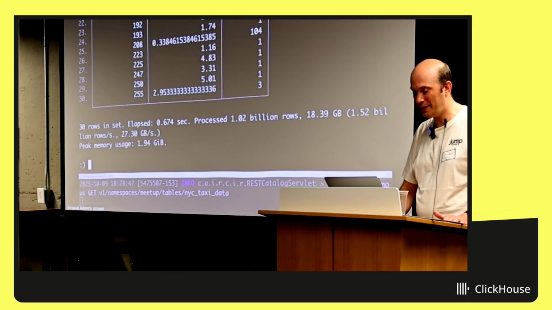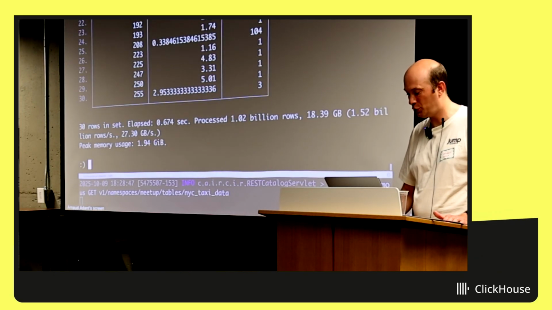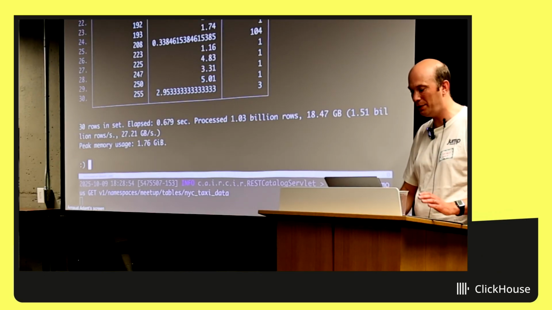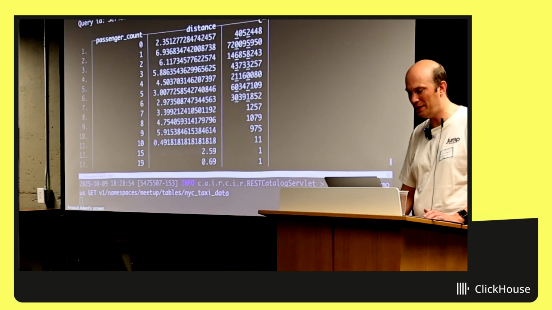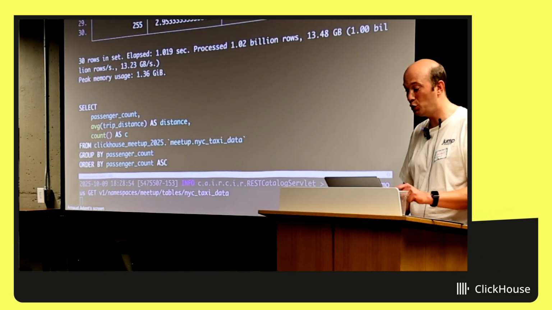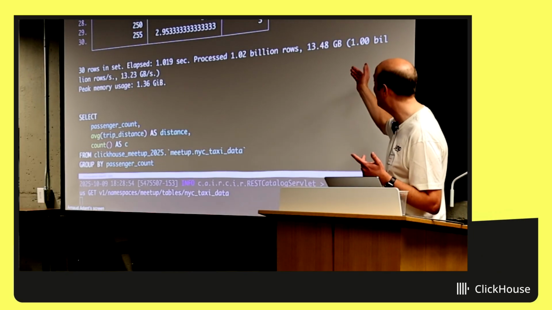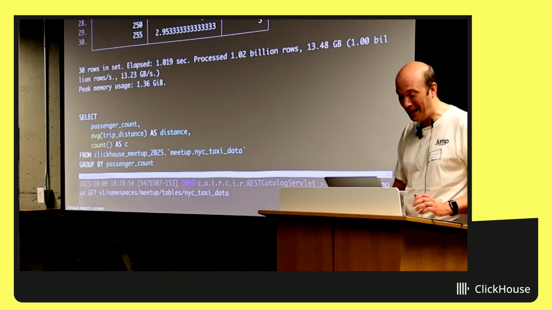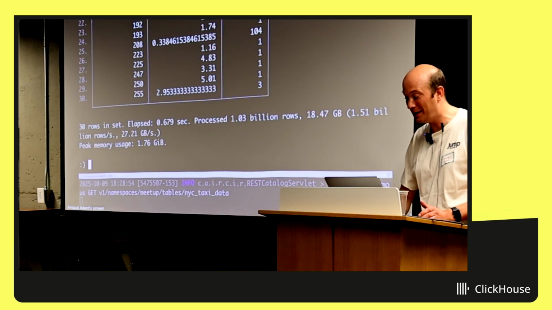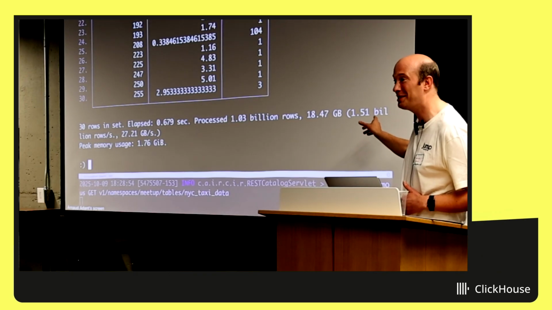There's a cold run and a hot run, so I can run that 2 times to mitigate the cache problem. But as you can see, I can get this data from the object store in 1 second, to process 1 billion rows. So it's 1 billion rows per second. And if I'm using the new V3 parser, it's 1.5 billion rows per second. That's kind of nice, right?